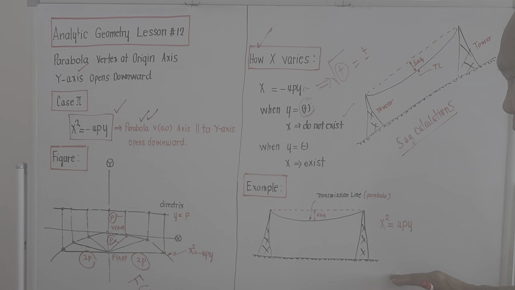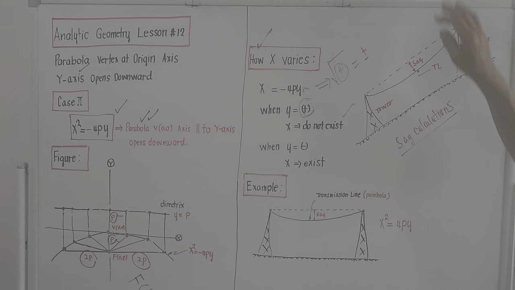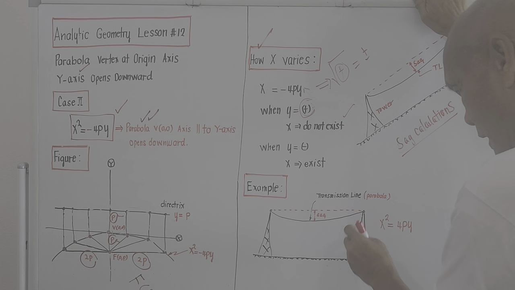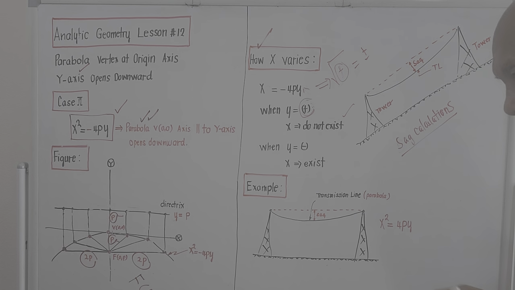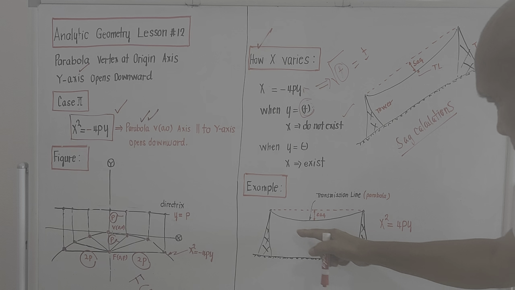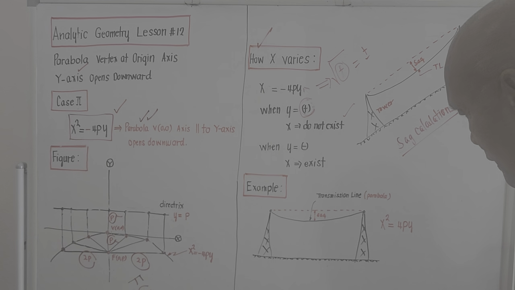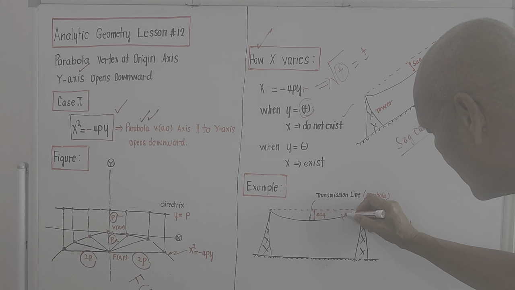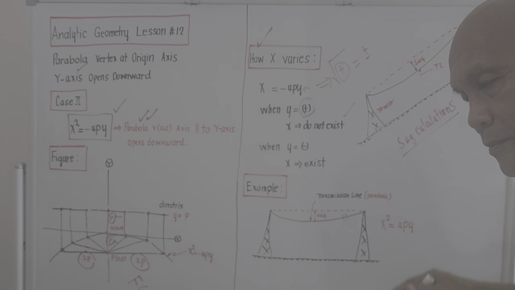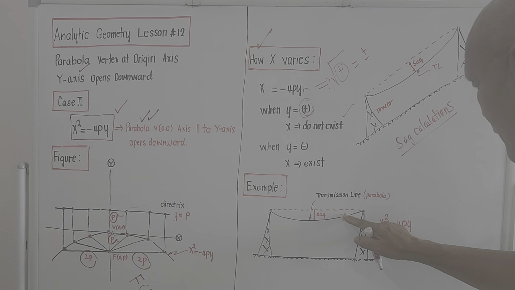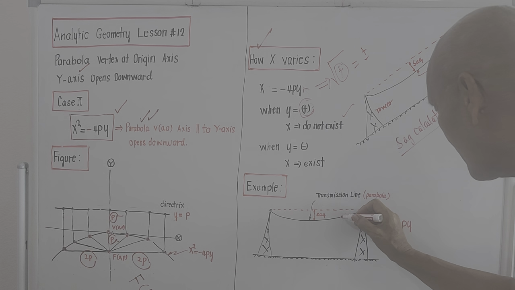We assume that the ground is horizontal, assuming that the height of the first tower is the same as the height of the second tower. And if we try to connect a transmission line, the one that supplies power to our houses, I just place a single line here, but in a study of electrical engineering, if I place 3 lines here, it's understood to be a 3-phase line. But for simplicity, since we are only illustrating a parabola as a figure, I would just place 1 line here.